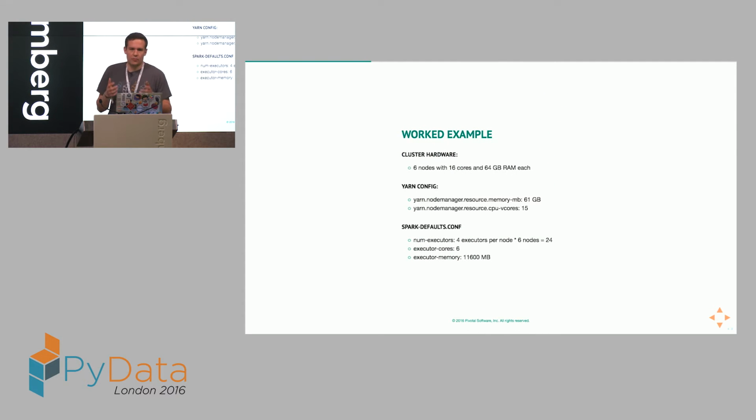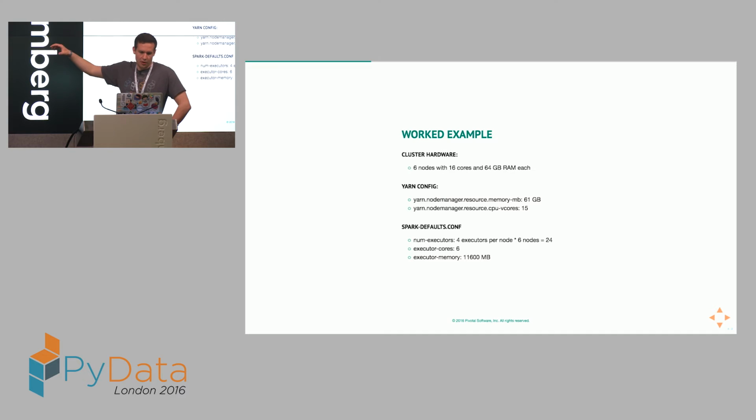But let's jump to a worked example, because in the docs, it tells you what each configuration option in PySpark means. But when I read this documentation, I had absolutely no idea what I should actually set the values to. We have to start with YARN config. We have an example here with 6 nodes.